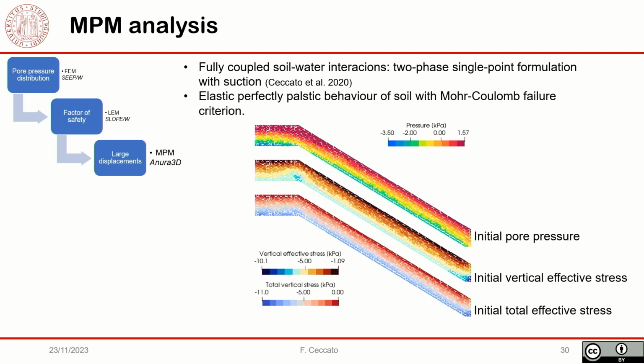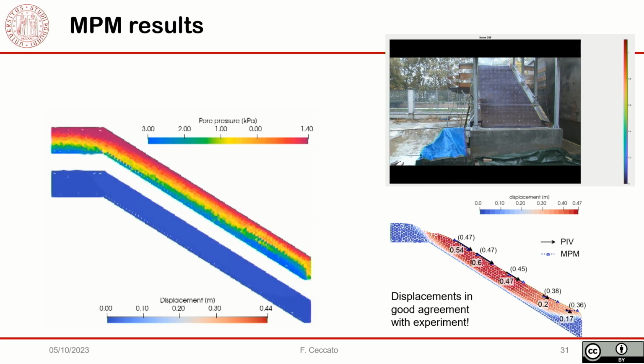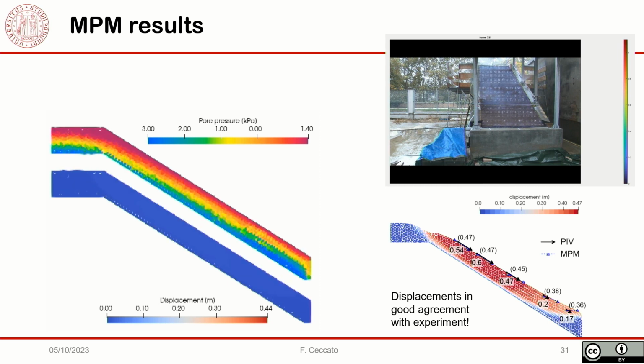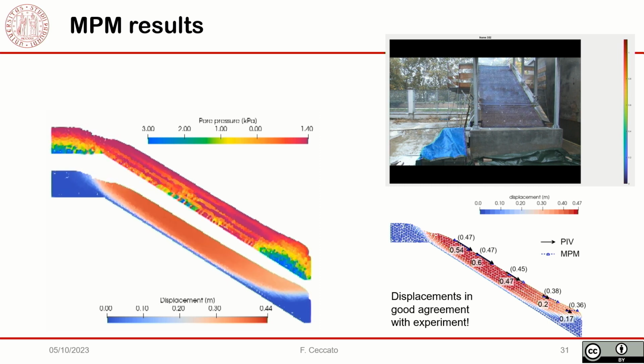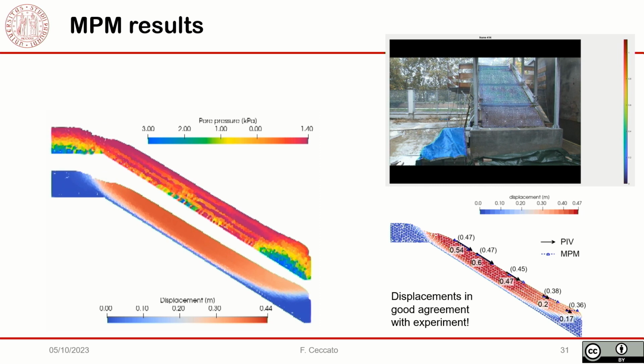So this is the initial pore pressure and vertical effective stress distribution. And then with MPM, you can simulate the large displacement. Then we also compared the displacement we got numerically with the result from PIV, from the image analysis of the experiment, finding relatively good agreement.